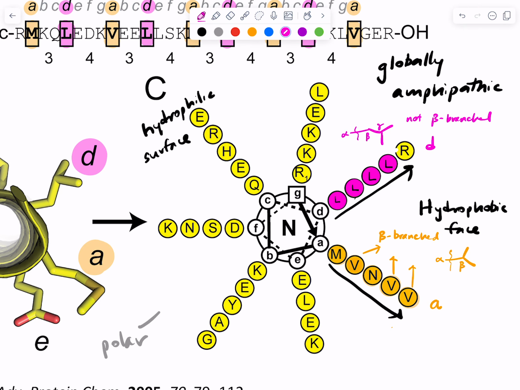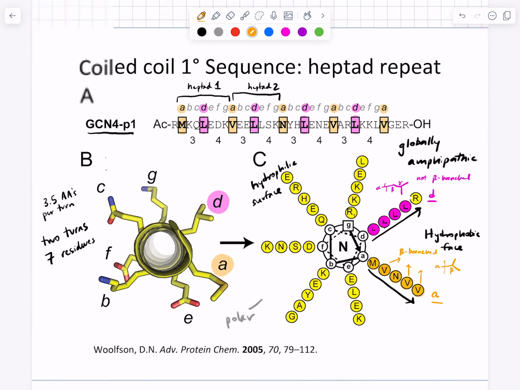Somebody, 30 years ago in the late 80s, early 90s, asked the question, I wonder if it makes a difference to have valines, or beta branched amino acids, at the A position versus non-beta branched amino acids at the D position. So they switched them.